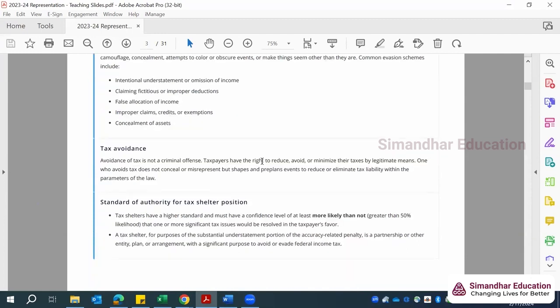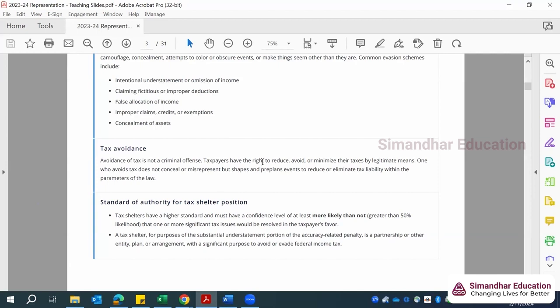Then we have the standards that you should follow if you are taking a tax shelter position. So what is the standard which we need to follow if we are taking a tax shelter position? Tax shelter position means that the IRS believes that you're trying to evade the taxes. So what are the three standards that we covered?